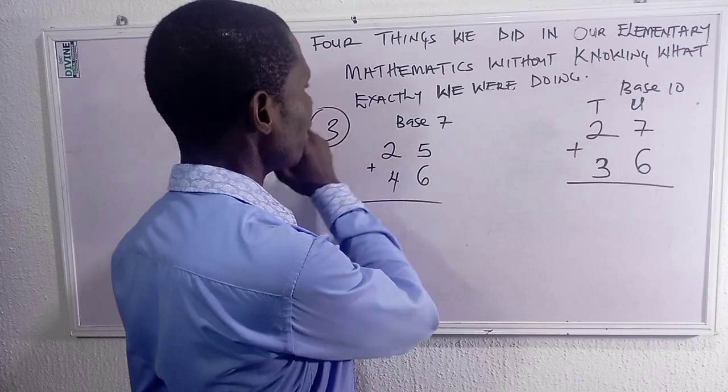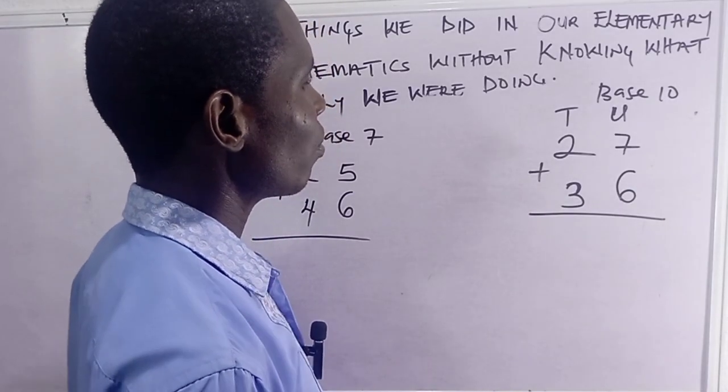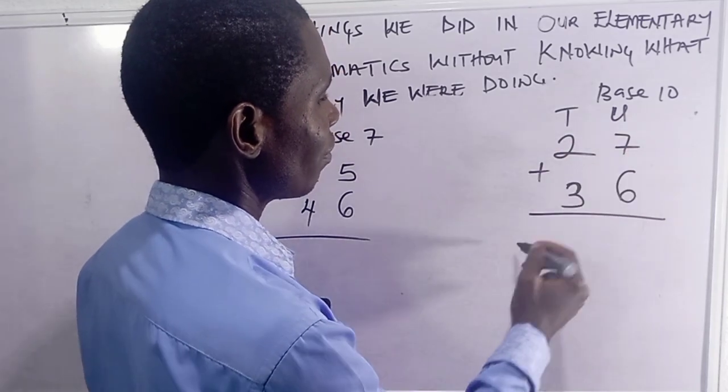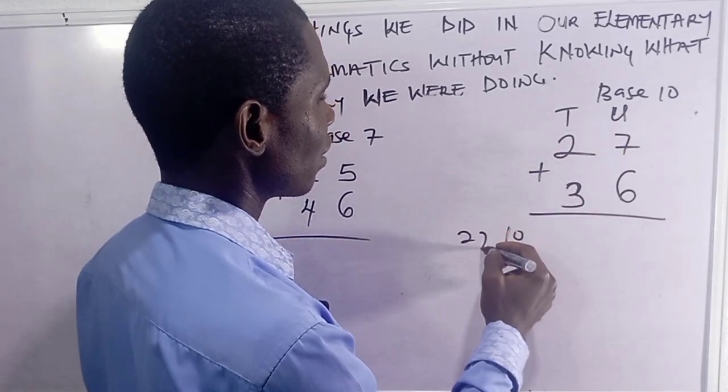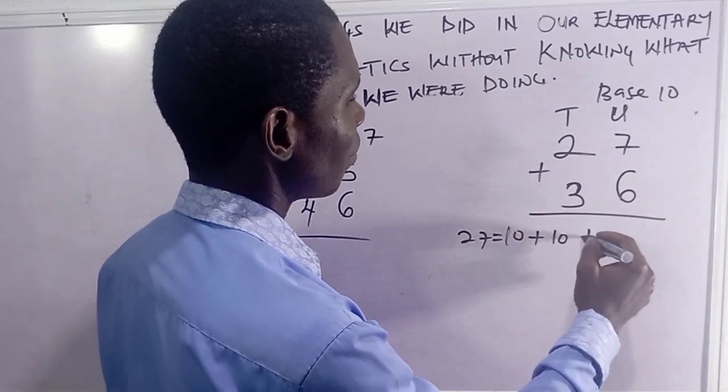Number 3. In base 10, numbers are grouped in bundles of 10. So 27 is same as 10 plus 10 plus 7.